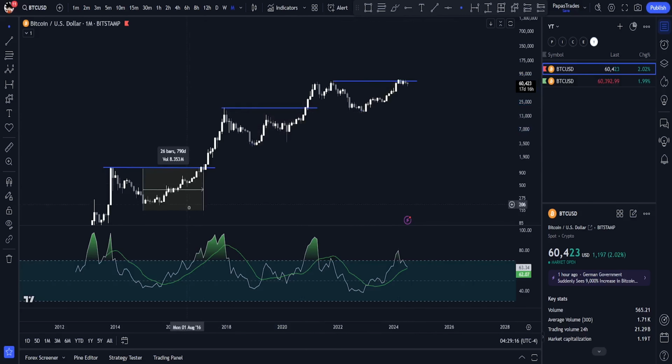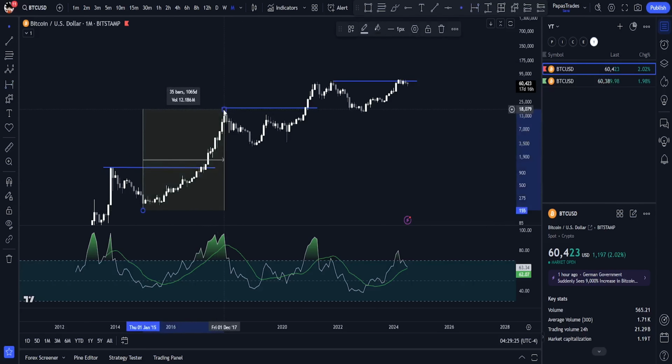From the cycle bottom to each of the cycle highs, Bitcoin has taken roughly 1,065 days in the first cycle to make the high. And the same can be said with the second cycle.